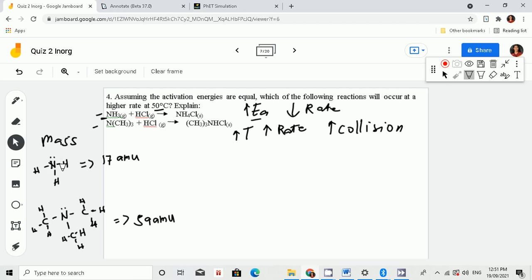Let's write that here. The trimethylamine is bonded to three methyl groups, the CH3. I've told you that there are times that the collision is not successful.